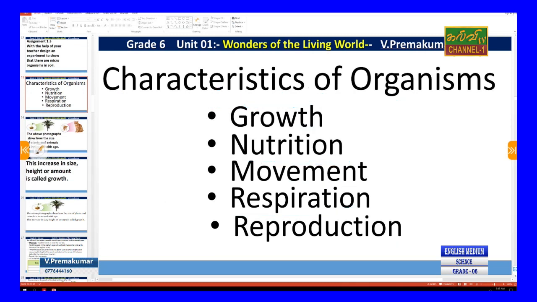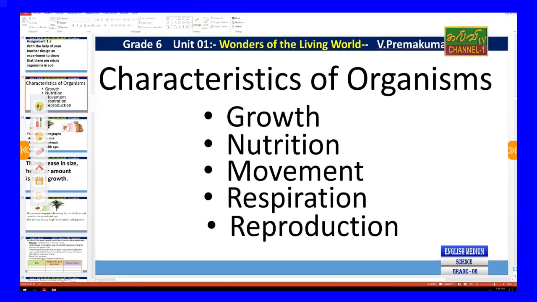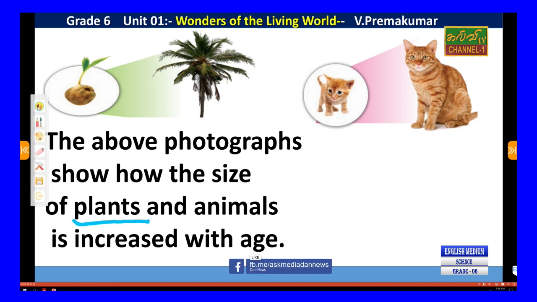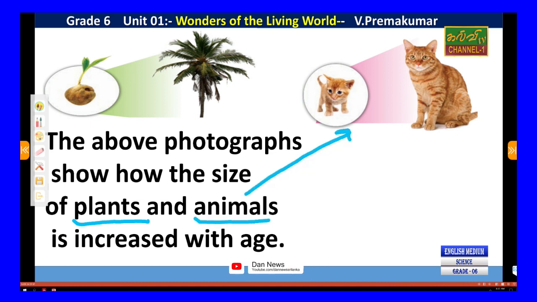We are going to study a little about growth. The above photographs show how the size of plants and animals increases with age. Here this is a plant, and this is an animal.